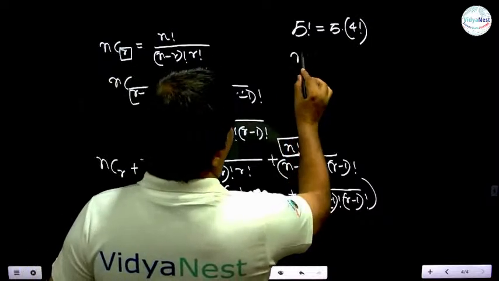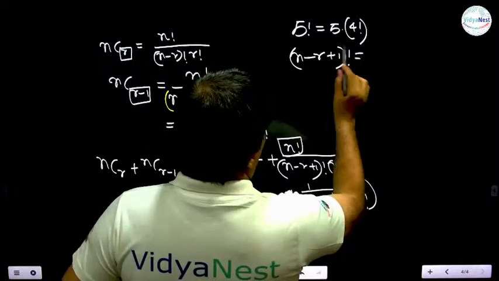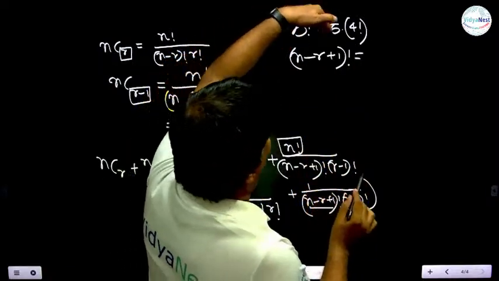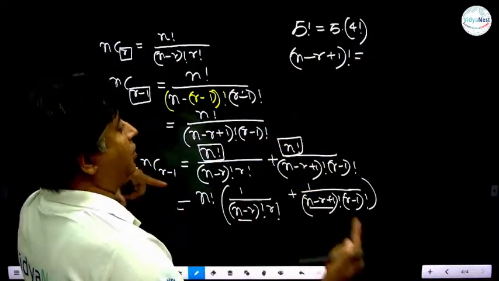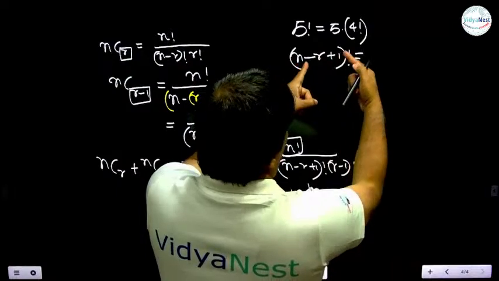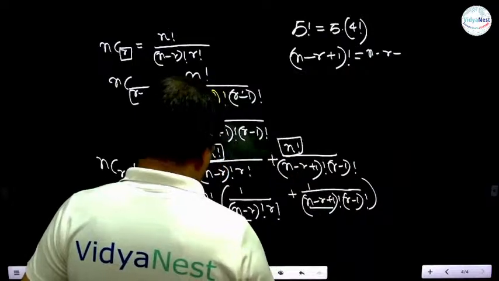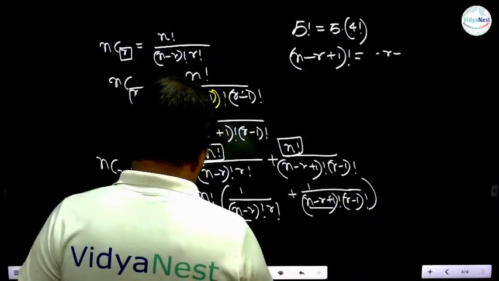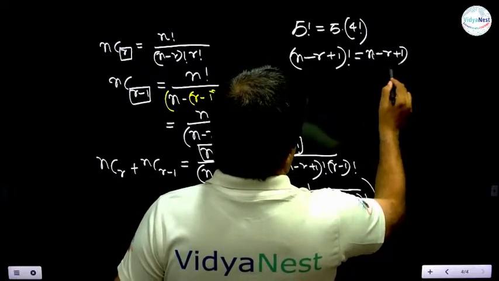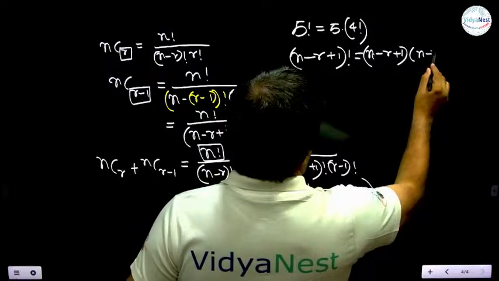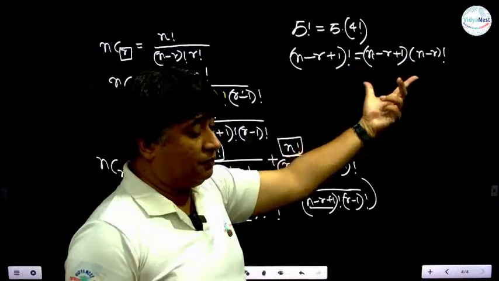So n minus r plus 1 can be reduced by a factor, just as factorial 5 is reduced by 5 into its preceding consecutive natural numbers' factorial. So here (n minus r plus 1) factorial can be written as (n minus r plus 1) into (n minus r) factorial. So you bring this value and put it here.